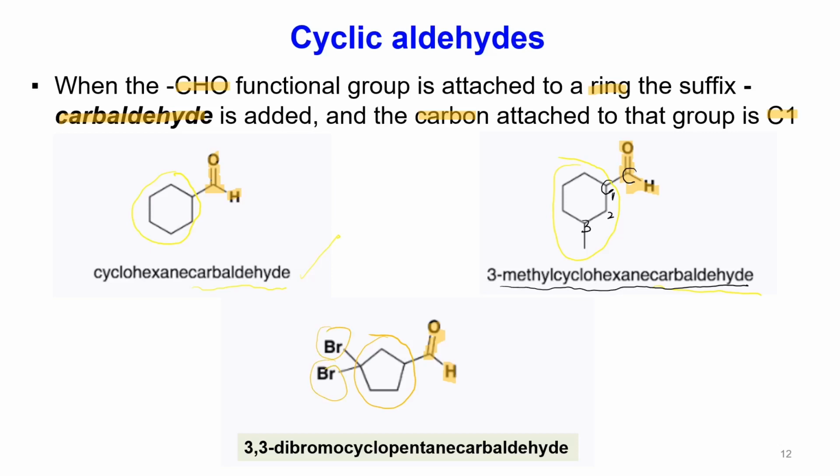Carbon number 1 starts from the carbon directly attached to the carbon double bond O. So carbon number 1 here, followed by carbon number 2 and carbon number 3. At carbon number 3, we have two bromine groups. The IUPAC name given is 3,3-dibromocyclopentane carbaldehyde.